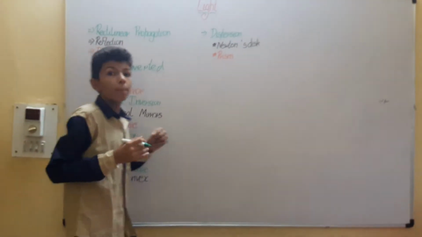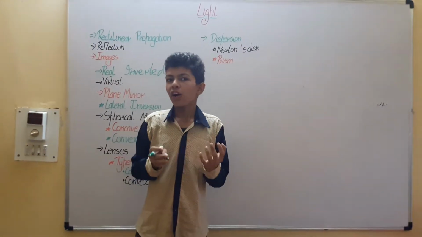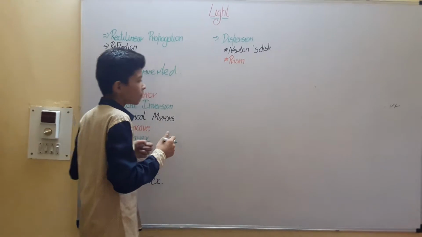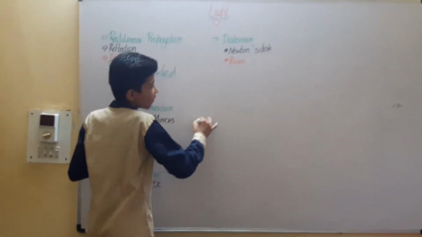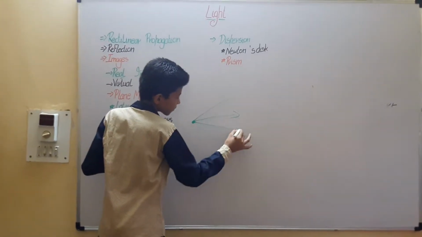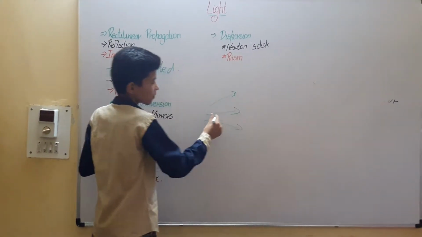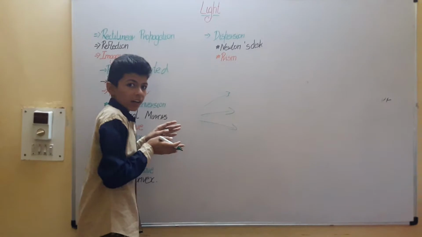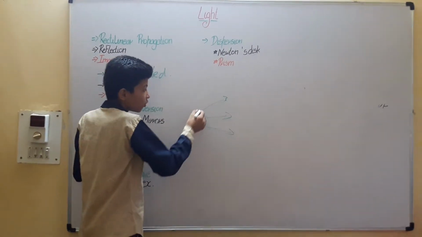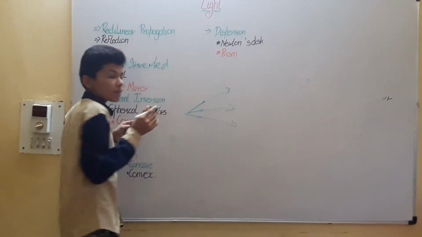It would be formed by converging rays. If I just take three converging rays, they would all be derived from a point.